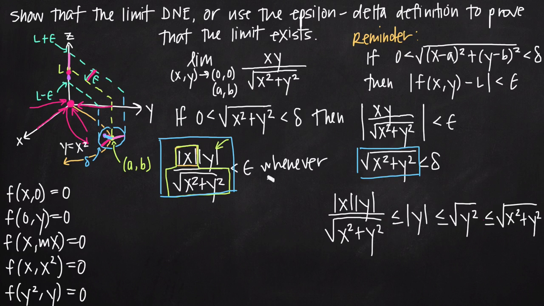Because epsilon is equal to delta, that makes them interchangeable. We already know that this value is less than delta. And since this value is less than or equal to this value from the inequality, here's the value from the left and here's the value from the right, this one is always less than this one. Then we know that this is also less than delta, and this value is also less than epsilon.